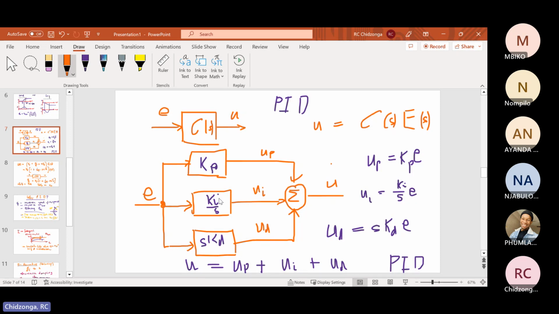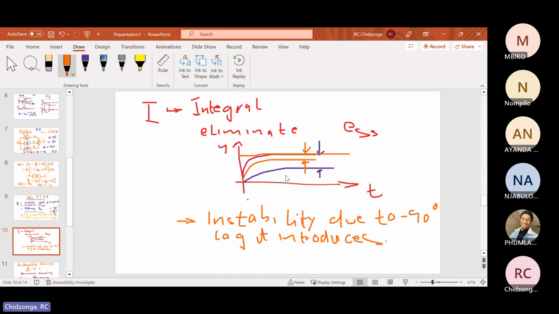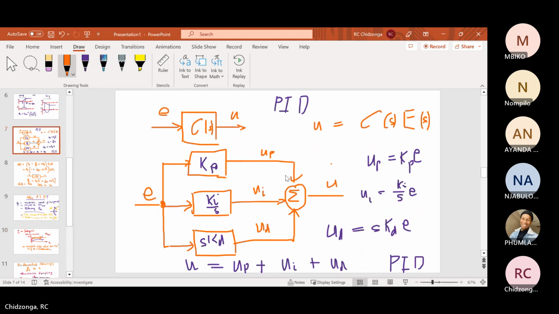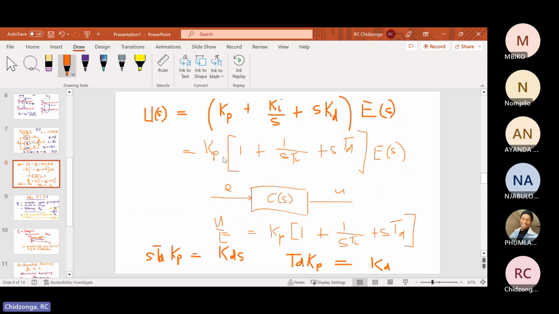Or if you want to express it in terms of the T's, you would come back to this equation here. Now you have found the value of KP, set it to 6. So this will no longer be KP, it will be 6. This TI will be 0.25 or whatever the value down there, and then this TD accordingly.